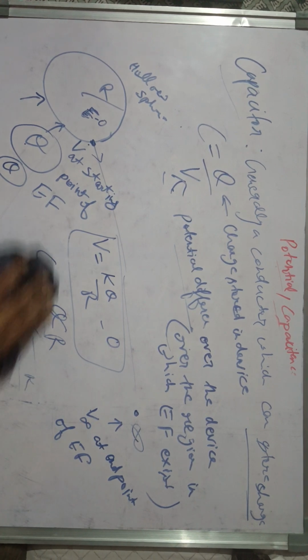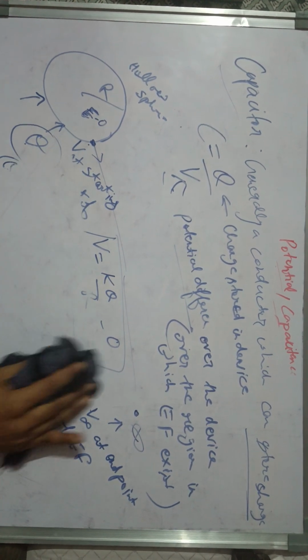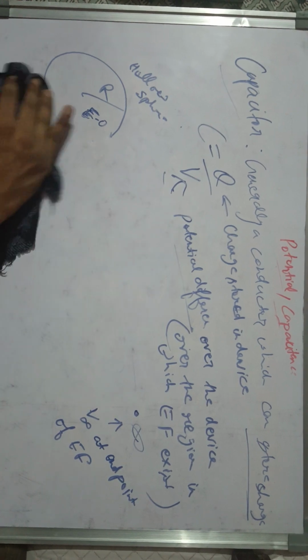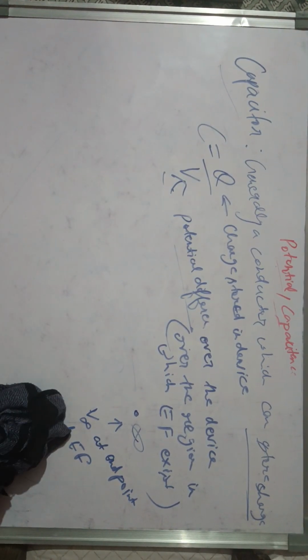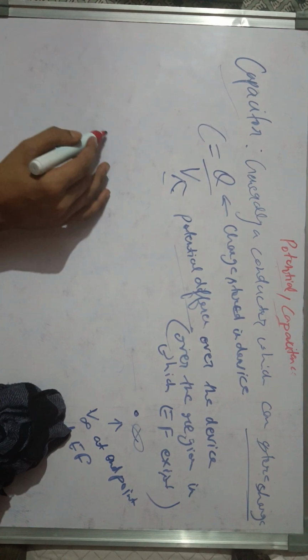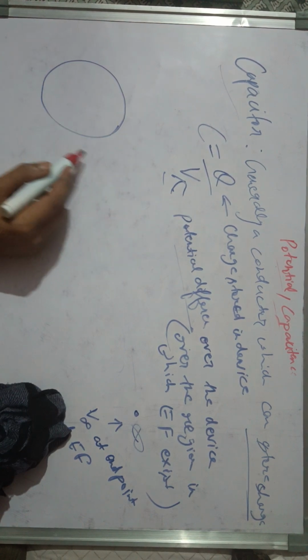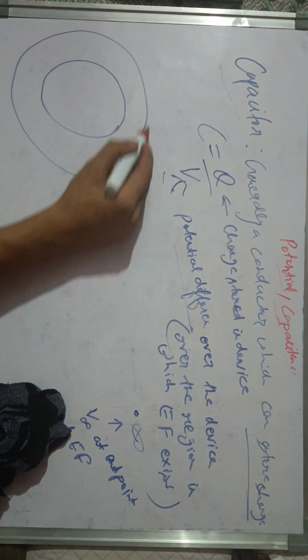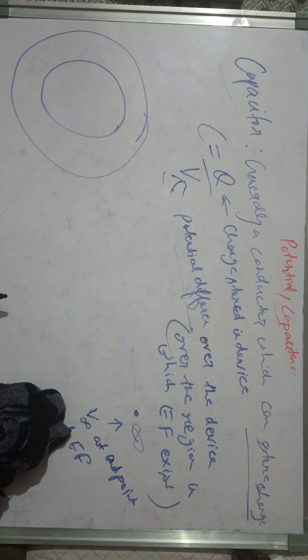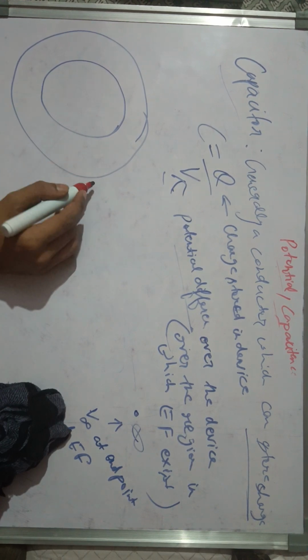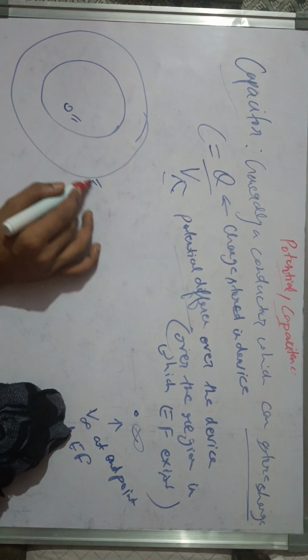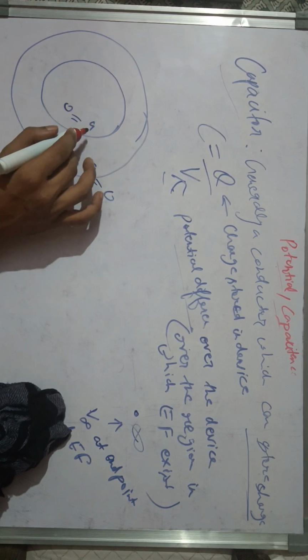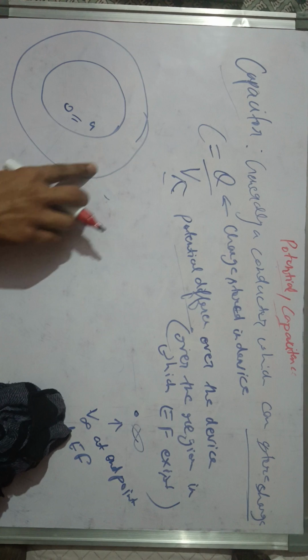Now moving ahead, let's say there is one conductor here, and both are neutral, both are having q equal to 0 right now.